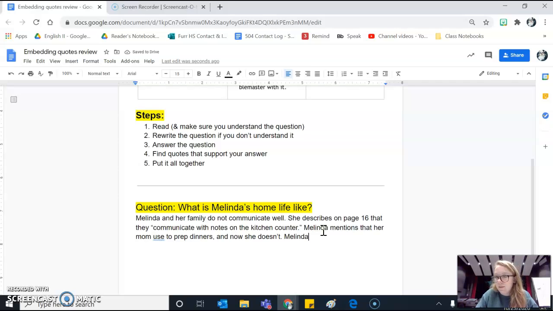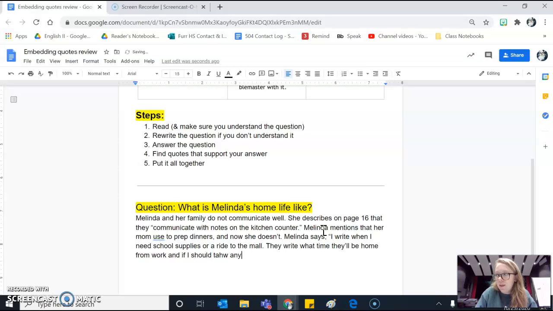I want to write a quote where you would need a comma. Melinda says, I write when I need school supplies or a ride to the mall. They write what time they'll be home from work and if I should thaw anything. What else is there to say? All right, so I'm actually going to delete this sentence because I don't like it.